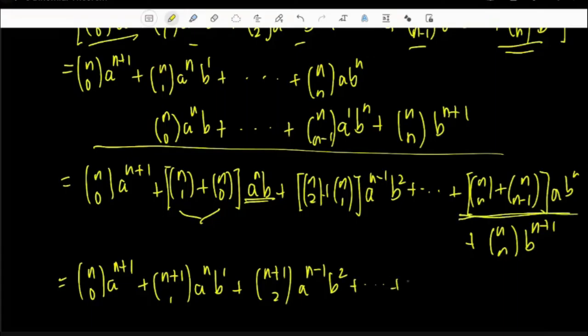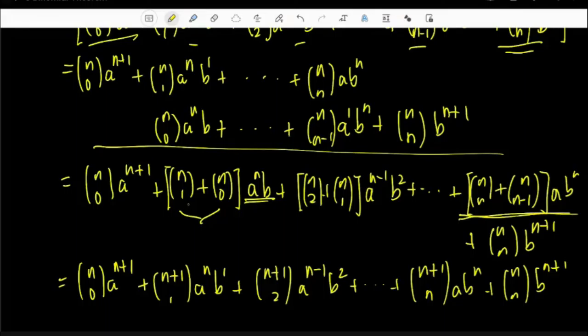This last term here is n plus 1 and then the bigger one is n. So the bigger bottom, n and n minus 1. So a to the b n plus n taken n b to the n plus 1. Right? So doon natin nagamit yung Pascal's rule.